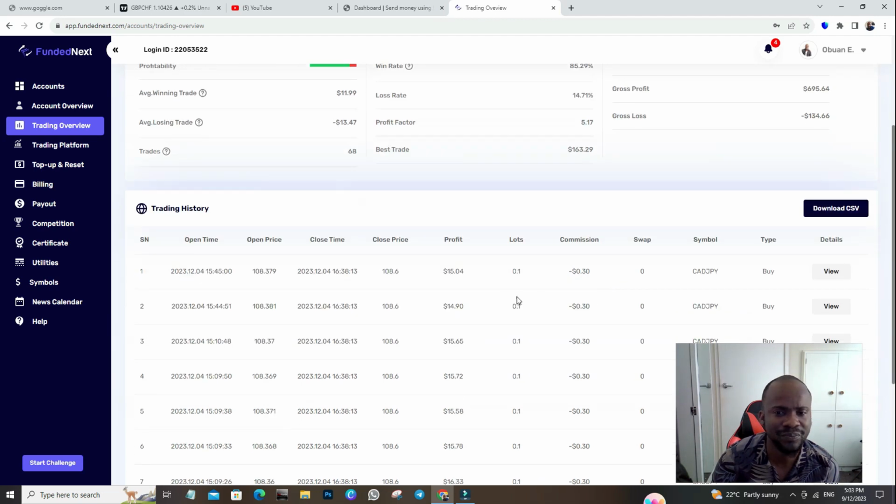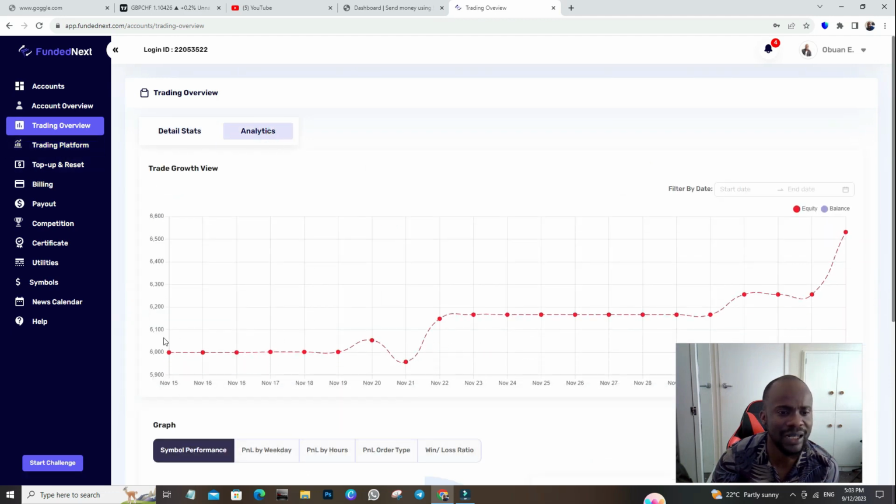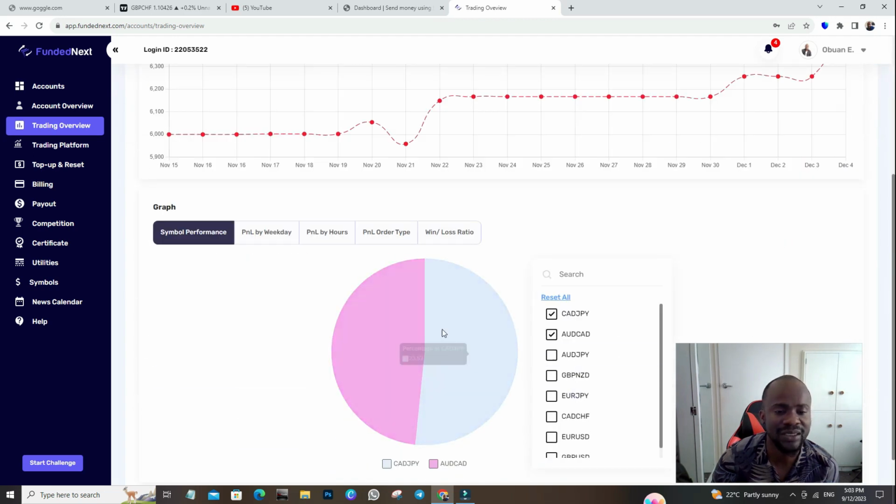And also, if you look at the analysis, you can see how I've been able to peak. There was a drop here on November 21st, because I didn't trade all these days, then a little bit of pullback, then I started pushing and I hit the profit target.